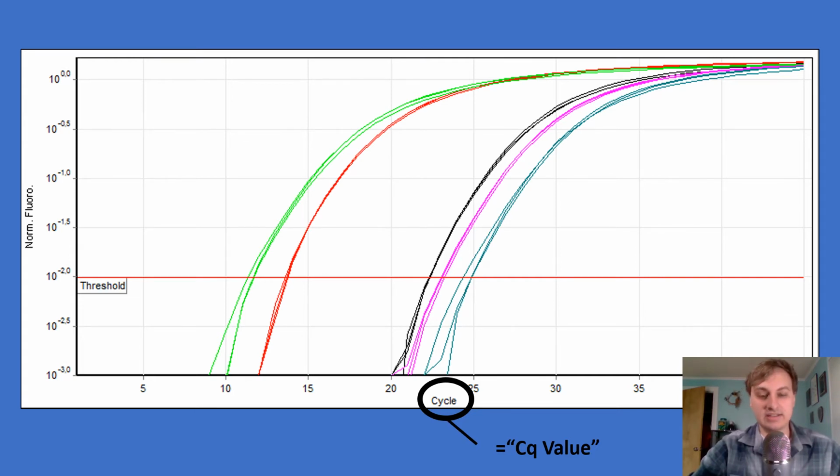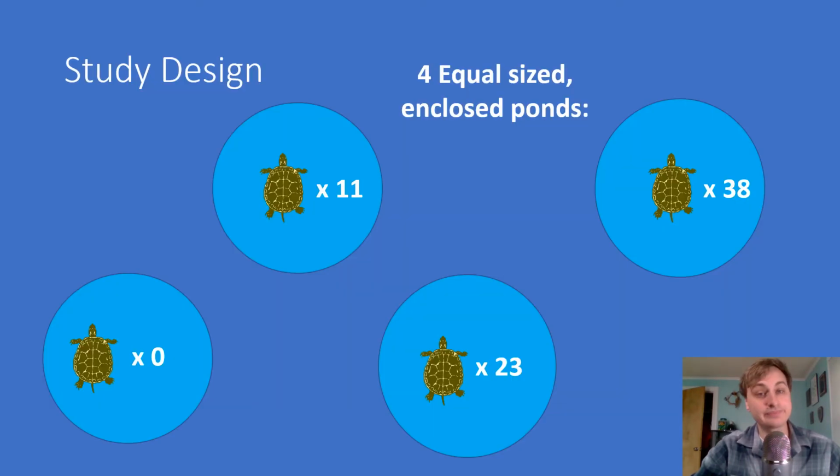If it detects it at an earlier cycle, you probably have more DNA. Whereas if it amplifies later, like these black, pink, or green lines showing up down here, that probably means you have less. A low Cq value means you have a lot more DNA, whereas something around 40 would be a small amount of DNA.